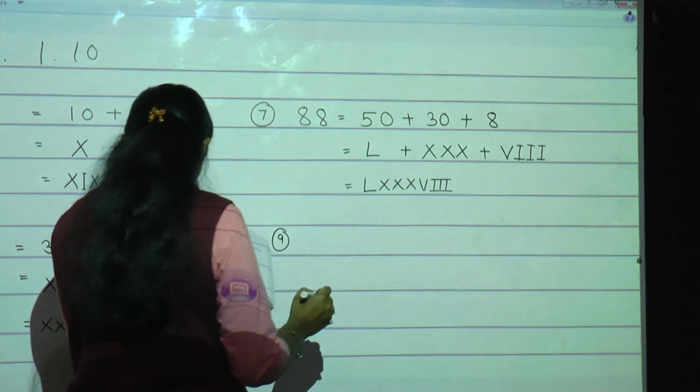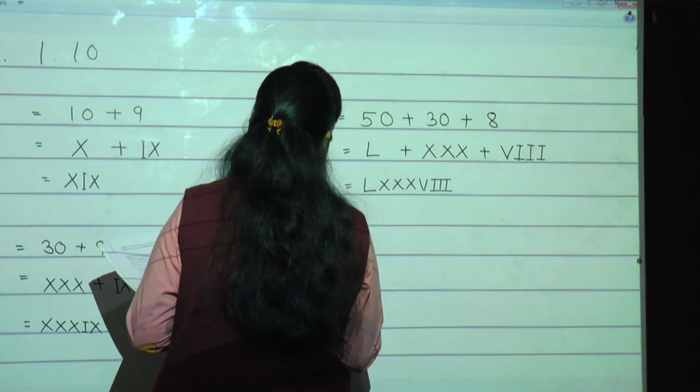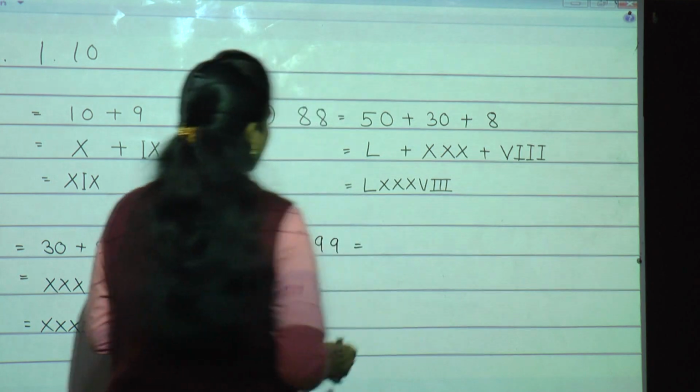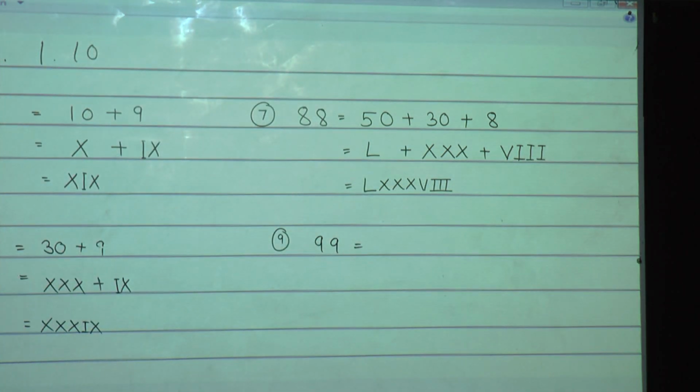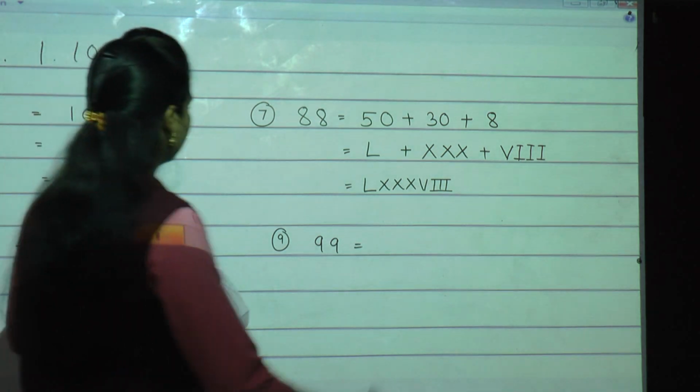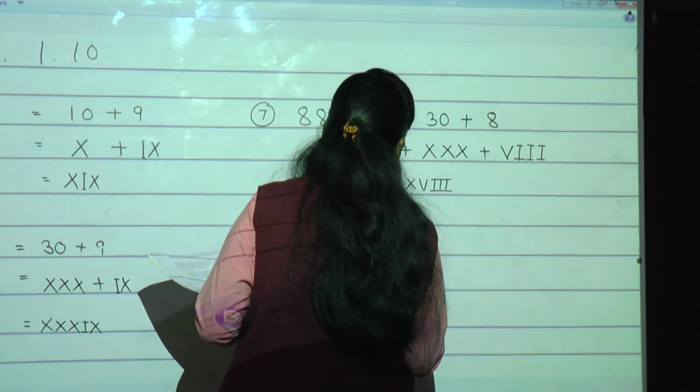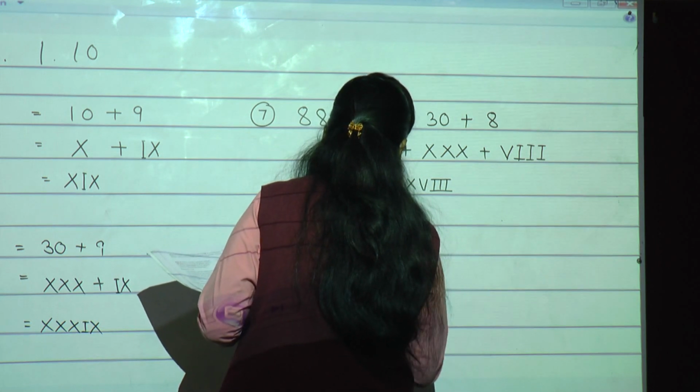Now I will solve the 9th one. What is the 9th question? 99 they had given. So how we can expand 99? Yes. Once you write the 1 to 100 Roman numbers, you know how to represent 90 and 9. So I will take directly 90 plus 9.